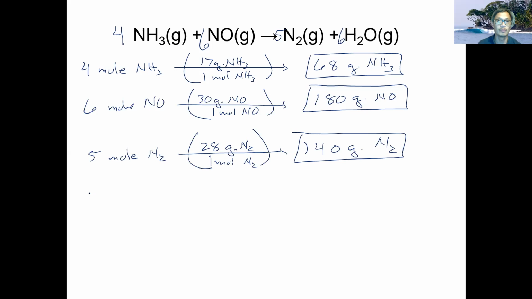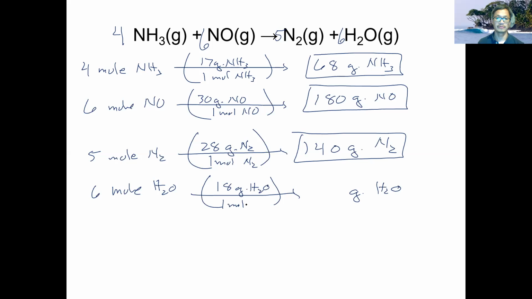And finally, for the water then, with 6 moles of water. Okay. To find the mass of water that forms, we'll multiply the moles by the molar mass of water, which is going to be 18 grams per mole. Okay, and so we end up here with 108 grams of water.